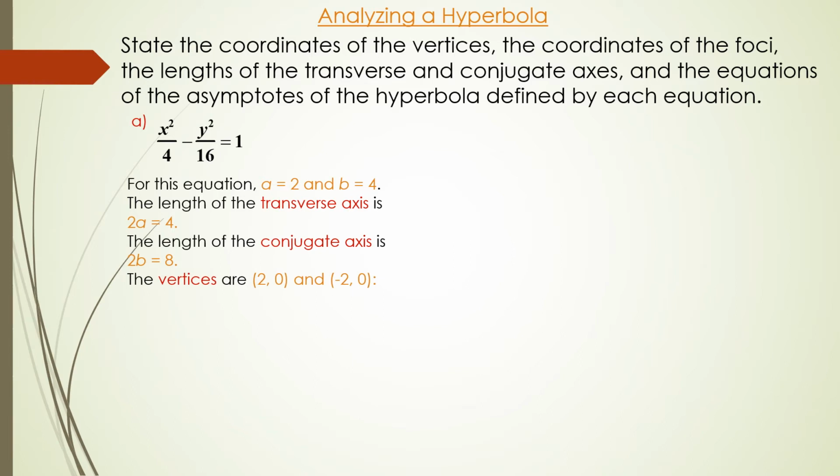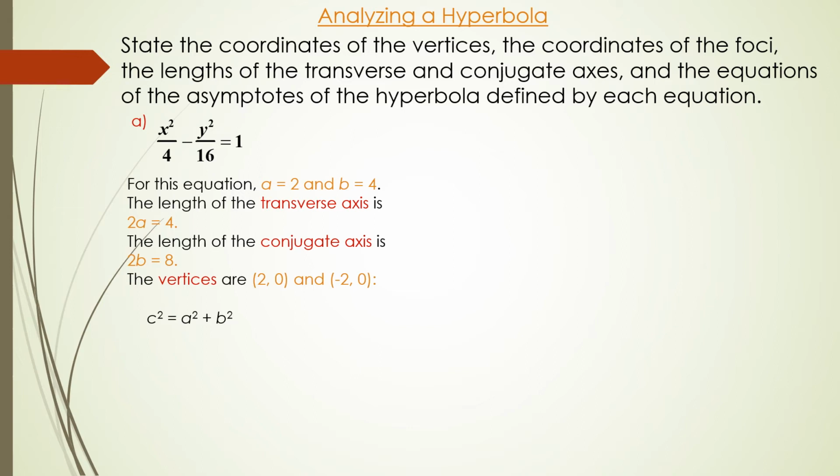Alright, so the vertices are 2, 0 and negative 2, 0. Of course, it's clear in our x squared that 0 is the other coordinate. And our vertex is a, which is permanent. Vertex is a, so a is 2. Of course, there are two, one is negative. And we also have to find our foci, which is denoted as c.